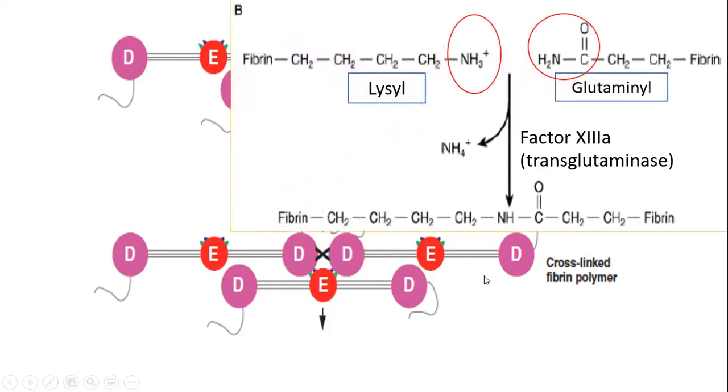Magkakaroon siya ng bonding, as you can see here, the black portion, between the lysyl residue of one fibrin molecule and the glutamyl residue of another fibrin molecule. So there would be cross-linking between the two. So this now is a more stable, no, fibrin molecule.